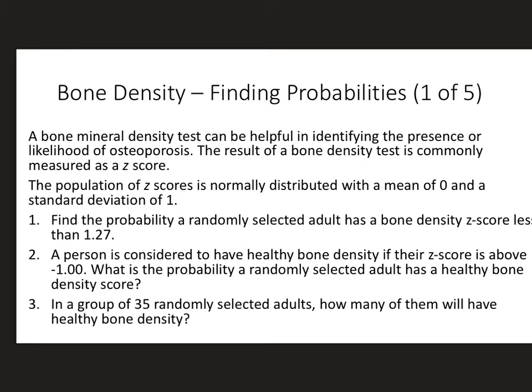Find the probability a randomly selected adult has a bone density z-score less than 1.27. We're also going to look at this: a person is considered to have a healthy bone density if their z-score is above negative 1.00. What is the probability a randomly selected adult has a healthy bone density score? And number 3, in a group of 35 randomly selected adults, how many of them will have healthy bone density?